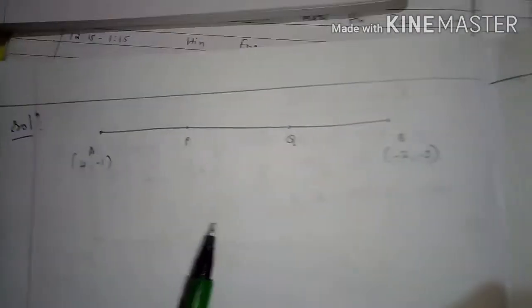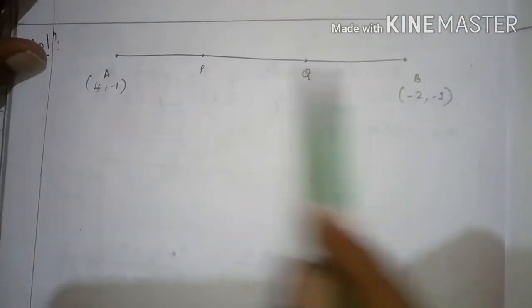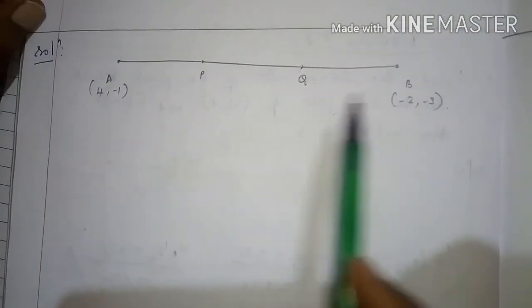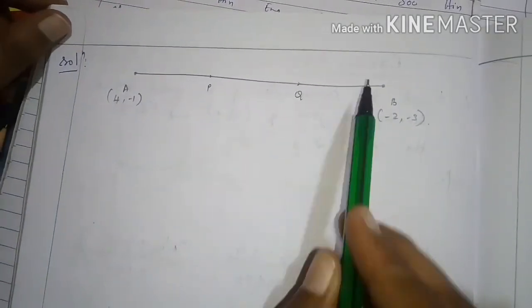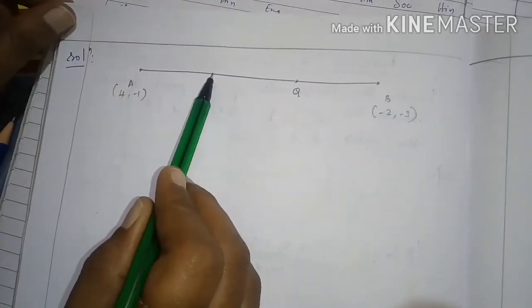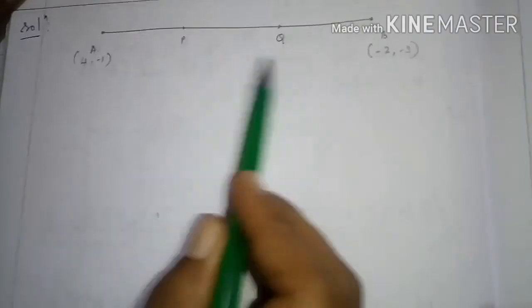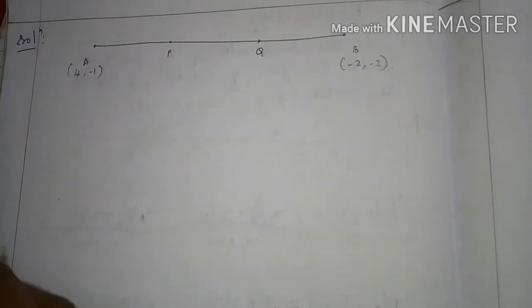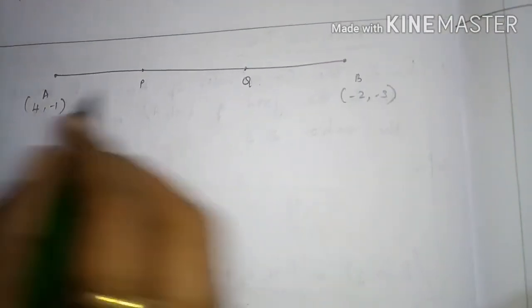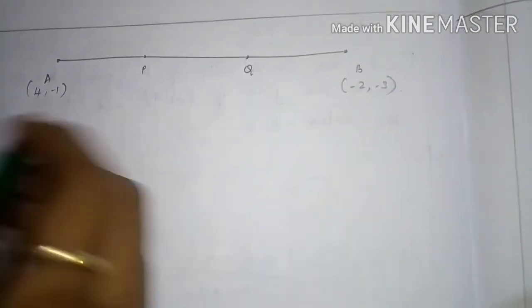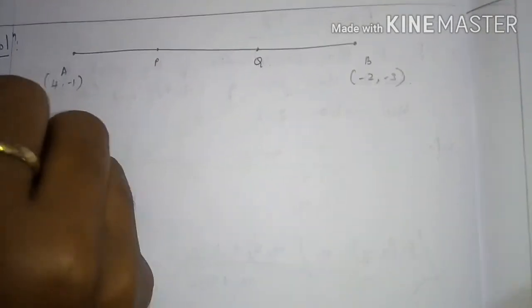They have given 2 points, A and B. They have told trisection, so we have 3 sections, 1, 2, 3, that divide the line into P and Q. Okay, now consider this point as x1, y1 and this point as x2, y2.